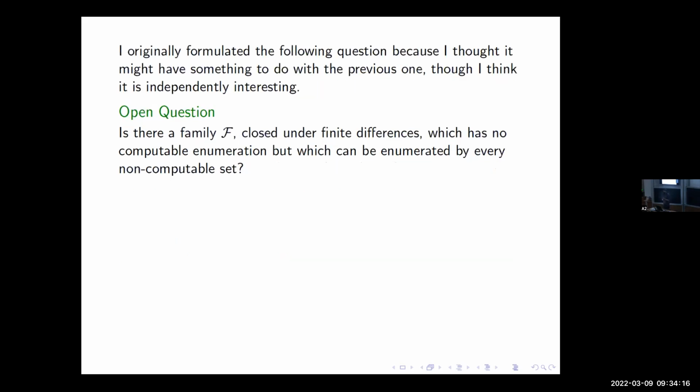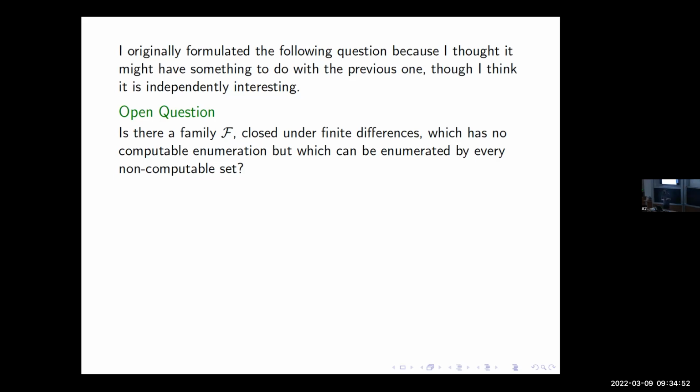Then there's another question that I quite like, which I originally formulated to try to help with the previous one, but I think it's independently interesting in its own right. It's a natural question by itself. The Slaman-Wehner spectrum is everything in that is finite, and it really uses that finiteness in a very strong way. So what I asked is, is there a family F which is closed under finite differences, so if you have a set in the family, then any other set that's only a finite change from that should also be in the family, which has the Slaman-Wehner spectrum?